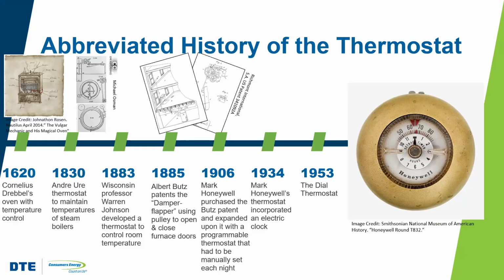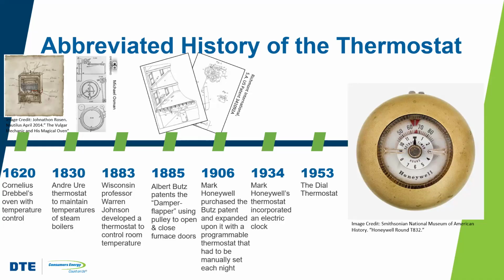So the invention of the thermostat is credited to a guy by the name of Cornelius Drebbel. He developed the first mercury thermostat to regulate temperature inside a chicken incubator, right? So the thermostat was comprised of a glass tube. It was filled with alcohol, and they had a little bit of mercury on top of that, and a metal rod floating in the mercury.